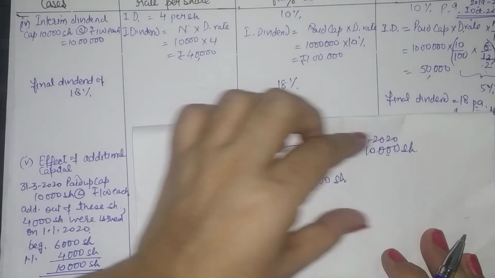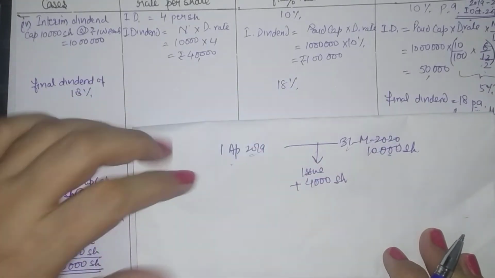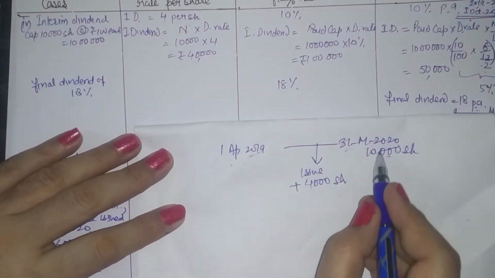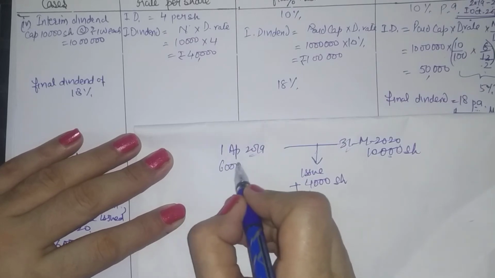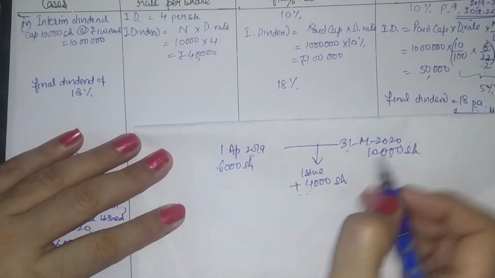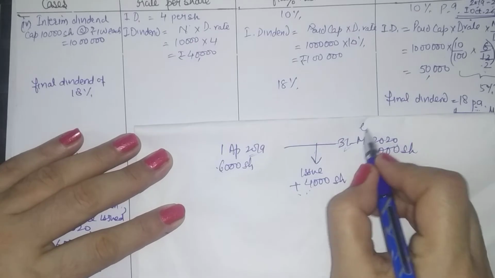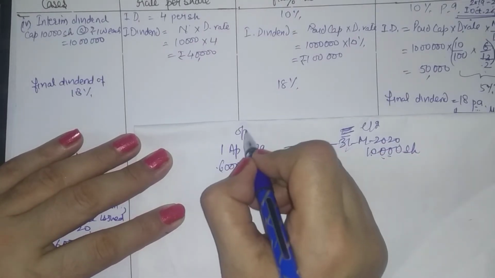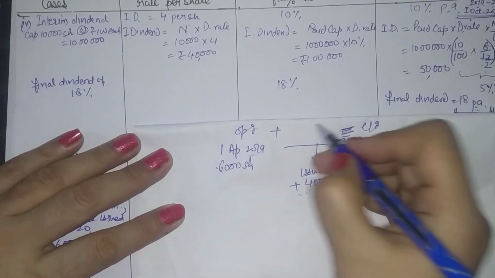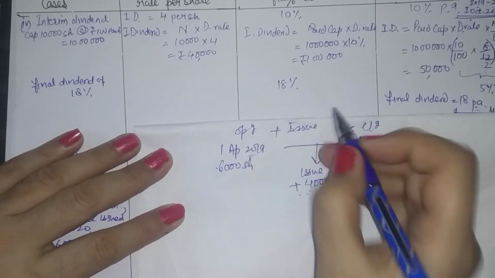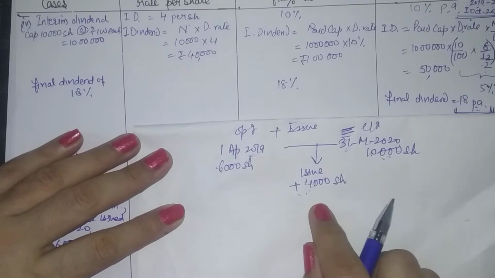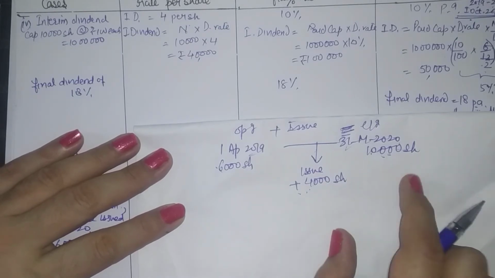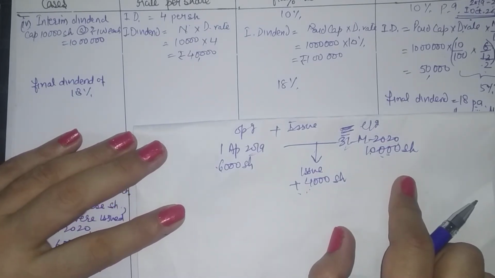So what will you infer from here? On a timeline, your initial capital should have been 6,000. Then only by adding the two you have got this sum, because this is closing capital. Closing capital is the resultant amount after adjusting opening plus the fresh issue. So you had 6,000 in the beginning, 4,000 shares issued during the year, making up a total of 10,000, right?